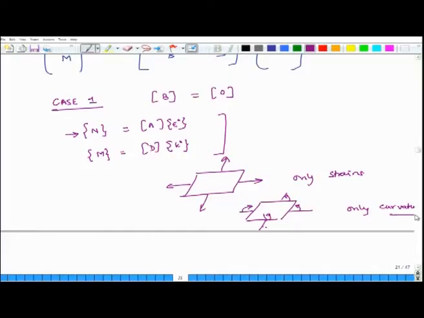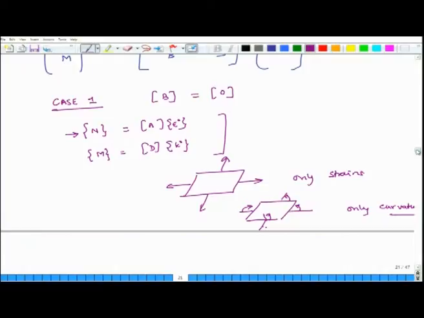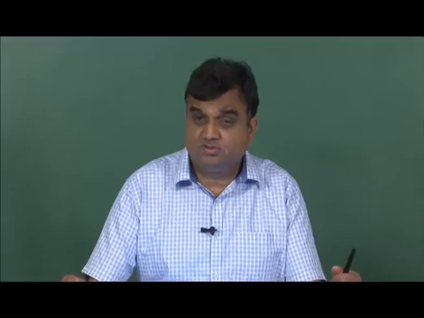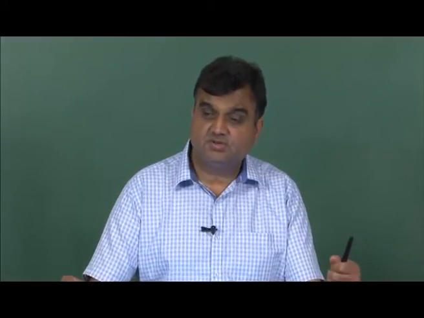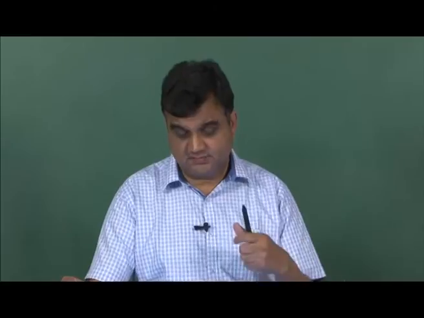Okay. So, what this says is that if the B matrix for a laminate is 0, force resultants generate only mid-plane strains and they do not generate mid-plane curvatures, and moment resultants only generate mid-plane curvatures and they do not generate any mid-plane strains. This is what it means. Okay. This is very important to understand.